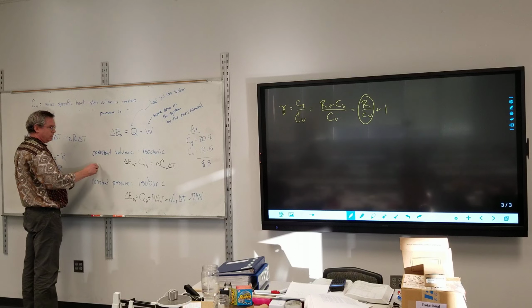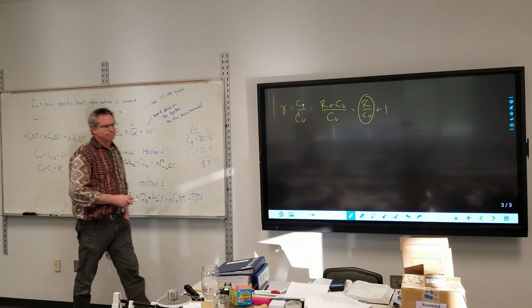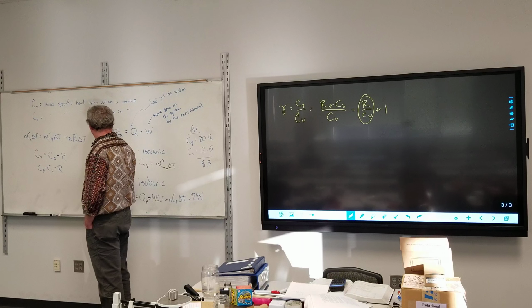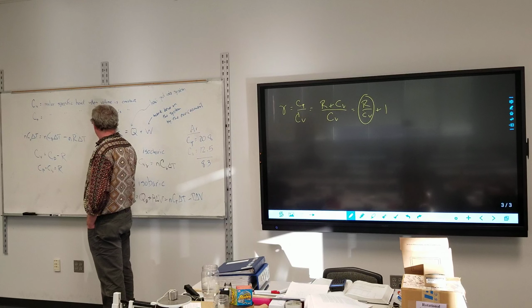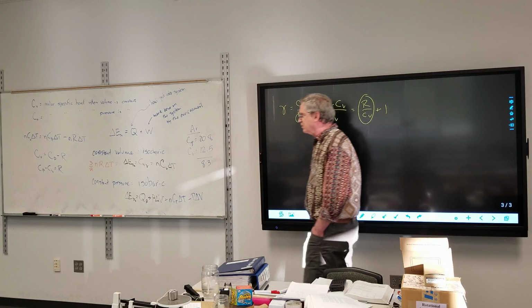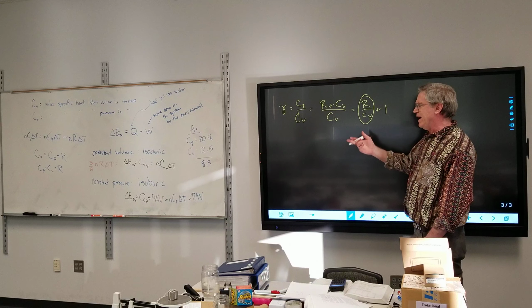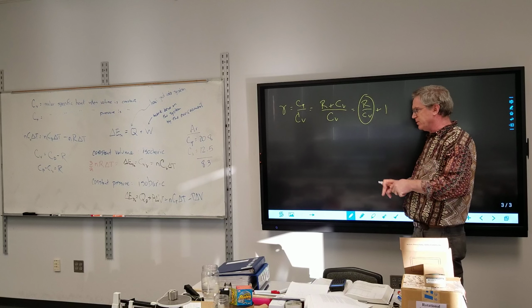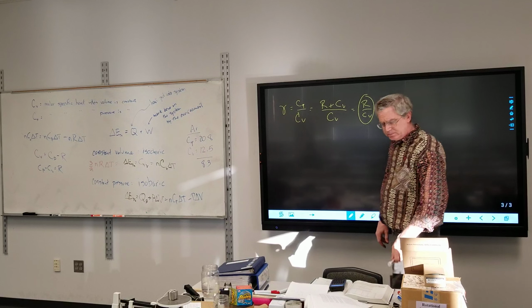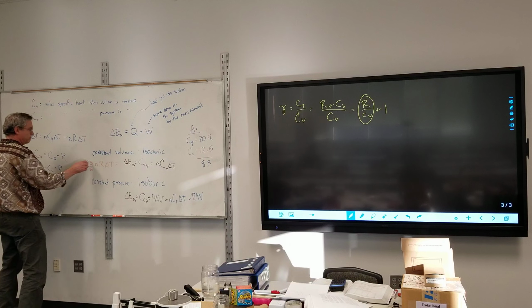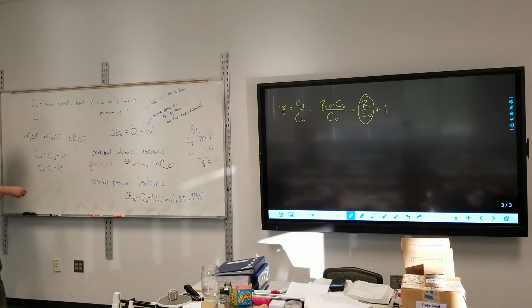We had 3/2 nR delta T. Originally, we had a 1/2 in there when we were dealing in one dimension. We went to three dimensions, that's where the 3 pops in. It basically is degrees of freedom. That will come in handy in just a moment.